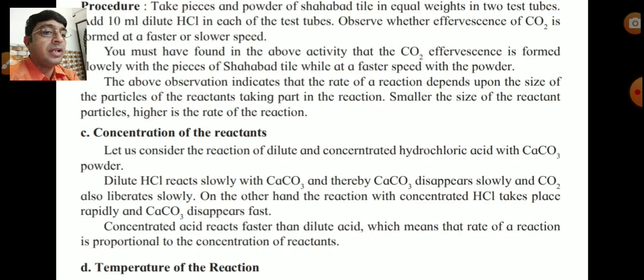On the other hand, the reaction with concentrated hydrochloric acid takes place rapidly and CaCO3 disappears fast. So what we are getting from this point? Concentrated acid reacts faster than dilute acid. Underline, which means that the rate of reaction is proportional to the concentration of reactants.